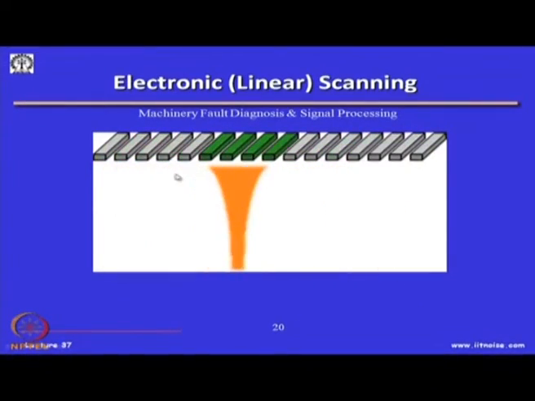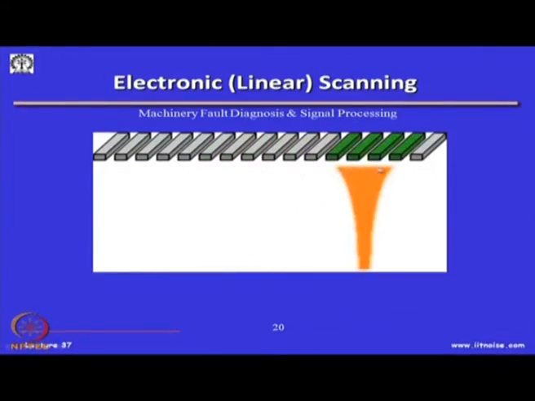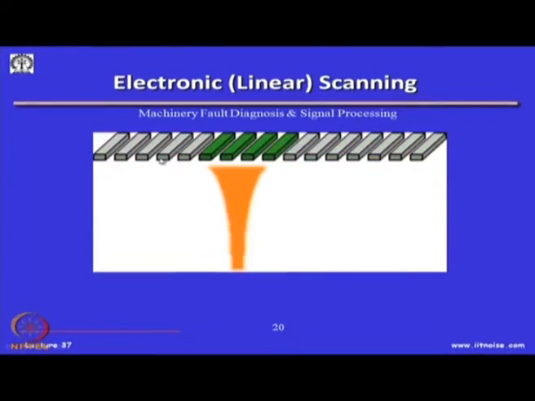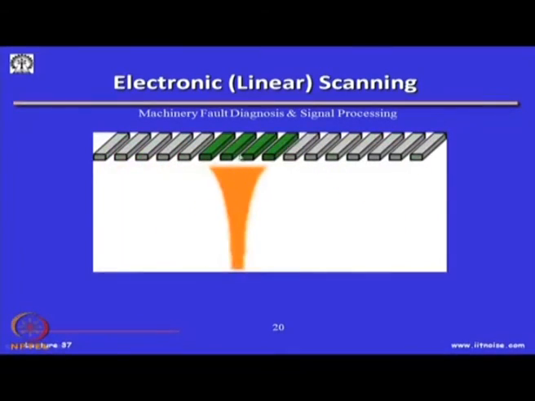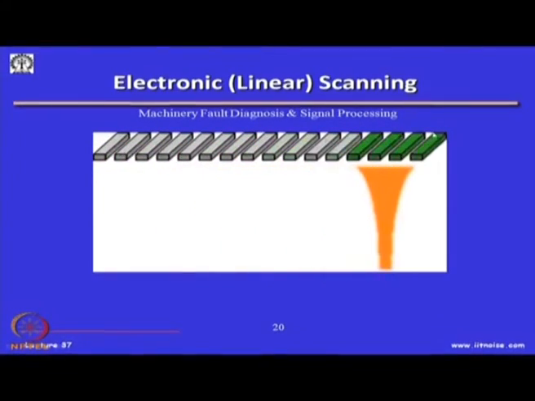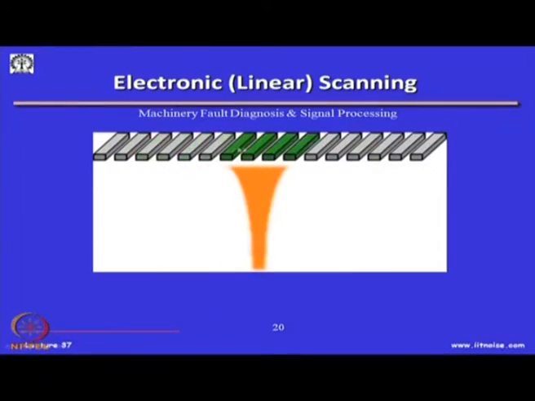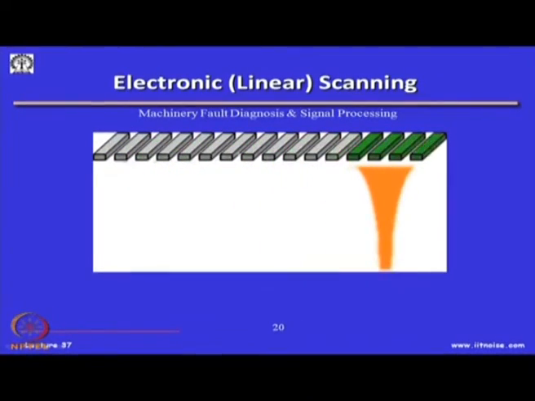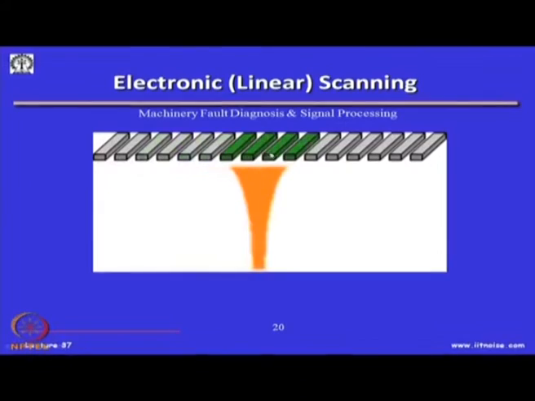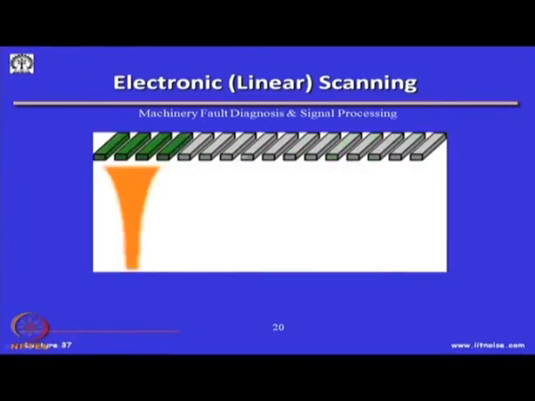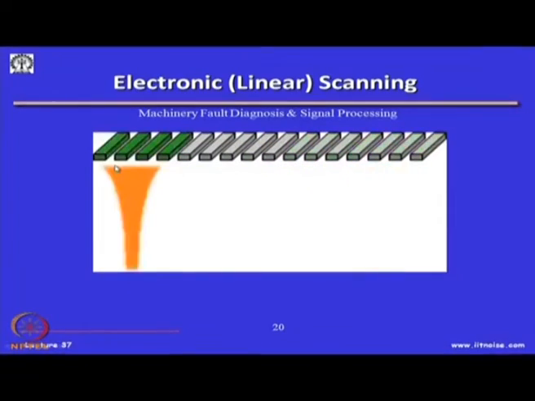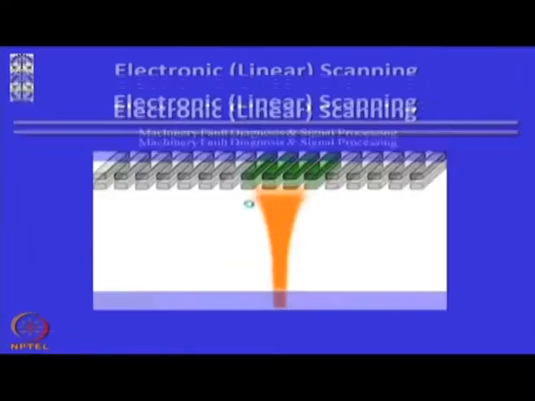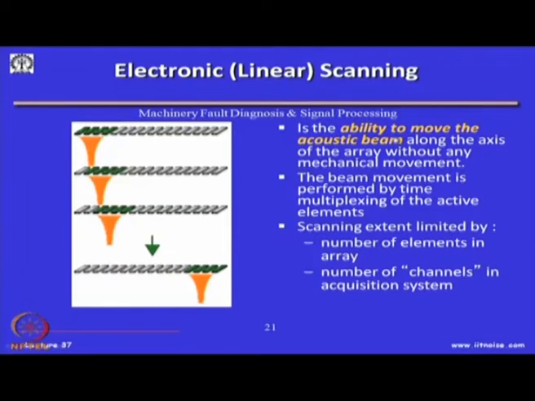You can see the graphics one by one. This is just by moving the electronic signal stimulus. Physically, the probe has not moved, it has stayed on the entire surface, but just by moving the electronic energizing of a particular element, my waves are being generated. So, you can scan accordingly.